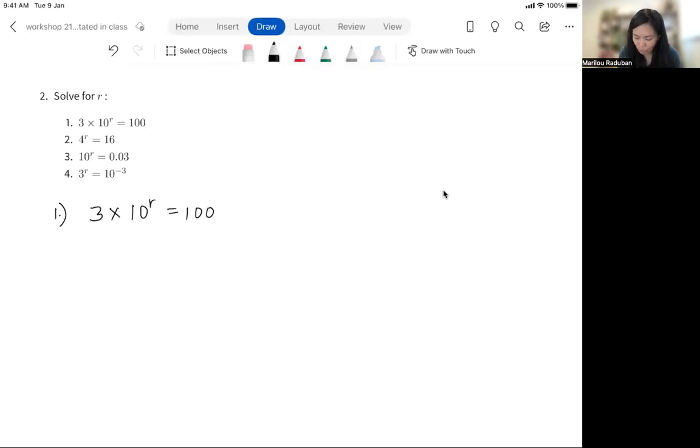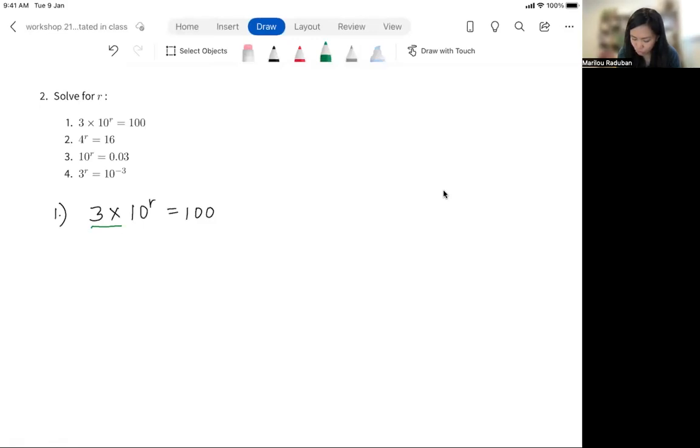But notice there is a 3 being multiplied to your base 10, so you cannot just get the log right away. I mentioned in the lecture that before you can get the log, the base 10 should be by itself. That means you need to get rid of this 3 that is being multiplied to the base 10.